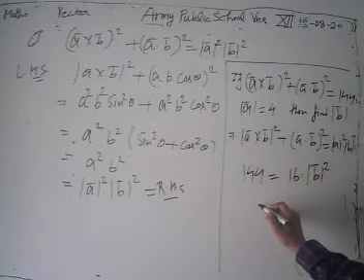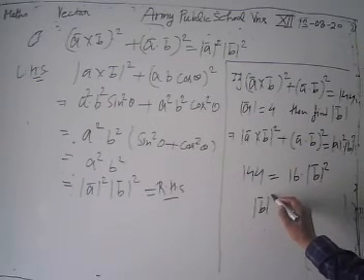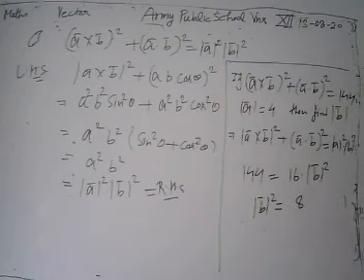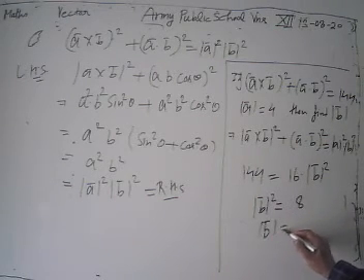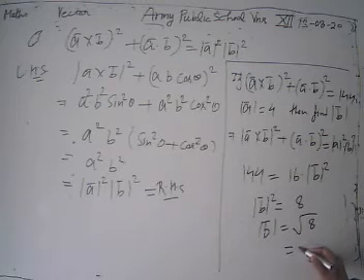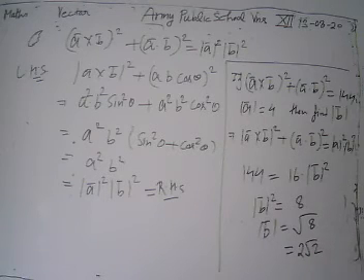Dividing by 16, magnitude of B square is 144 by 16, which is 9.